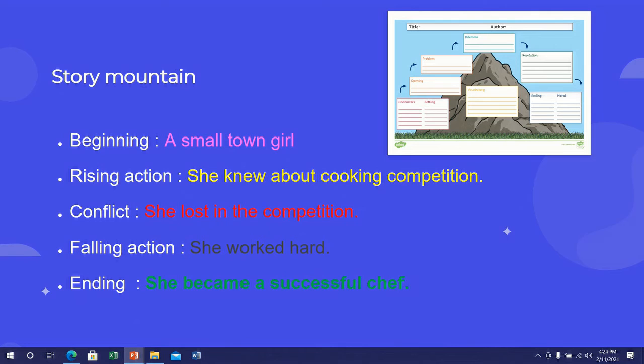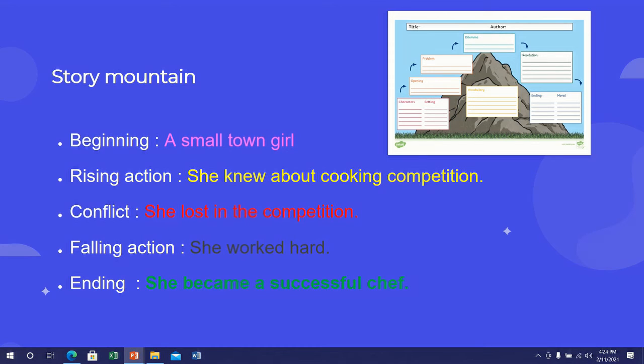Okay, so this is our story mountain, and if you remember our graphic, the story mountain that I mentioned earlier, it looks like this, going up and going down. And this is a little note over here where we have completed our story mountain, and I have added something that is not in the question.